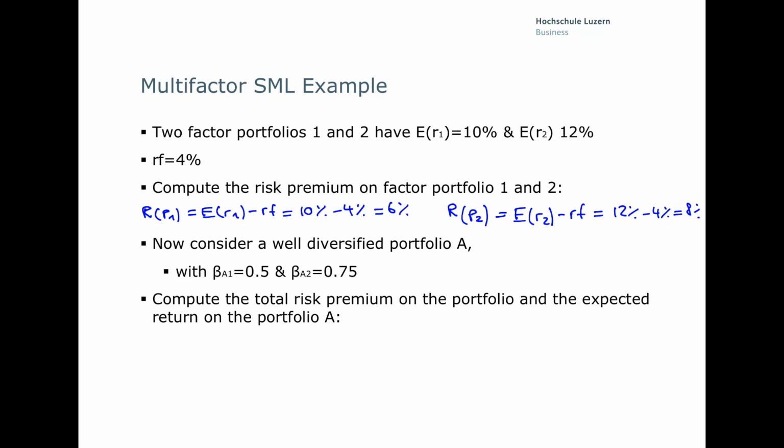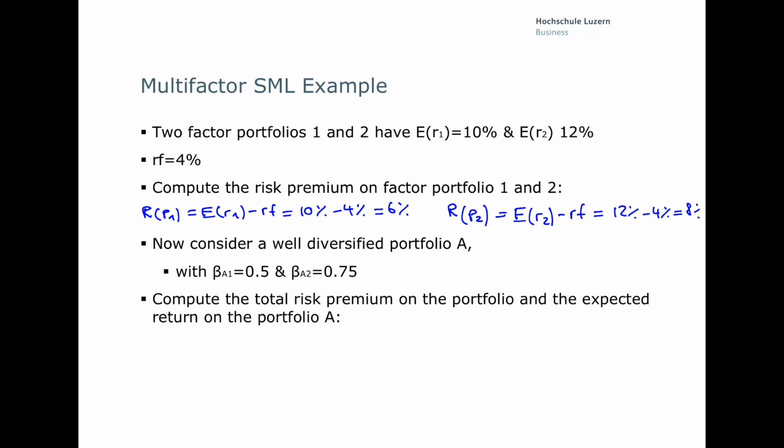Now consider a well-diversified portfolio A with a beta of A1 equal to 0.5 and a beta of A2 equal to 0.75. The multi-factor APT states that the overall risk premium on this portfolio must equal the sum of the risk premiums required as compensation for each source of systematic risk.